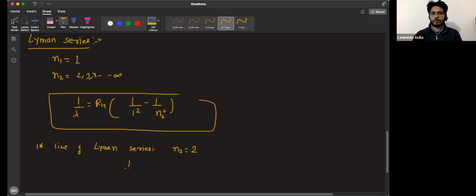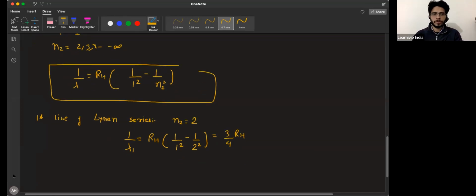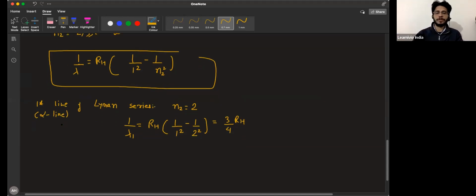So you will write 1/λ1 = R_H (1/1² − 1/2²), which gives 3/4 of the Rydberg constant. That's the Lyman series. This first line is sometimes known as the alpha line. If someone asks you to calculate the alpha line, that means the first line.